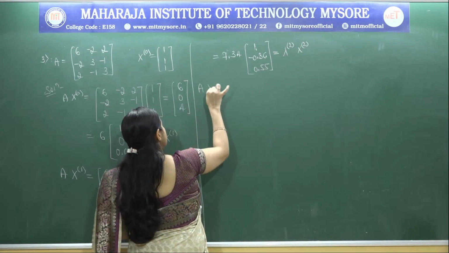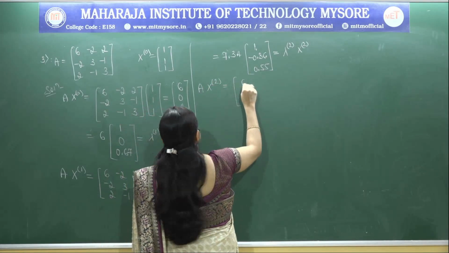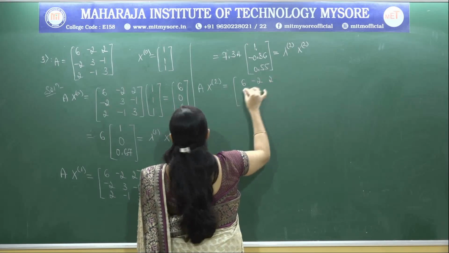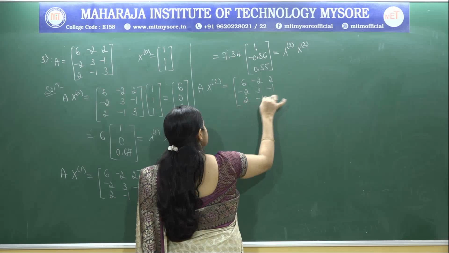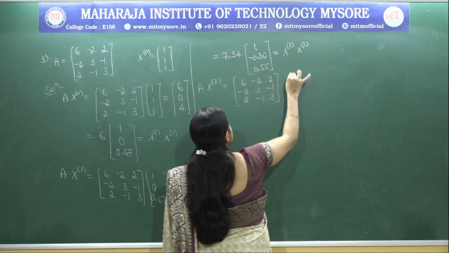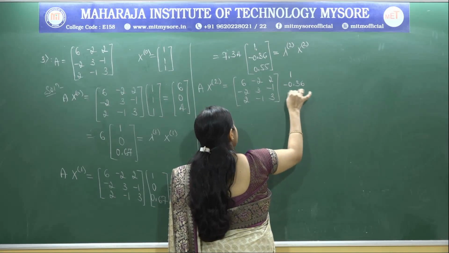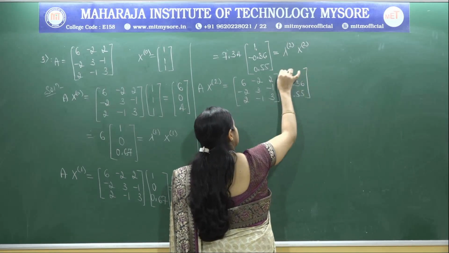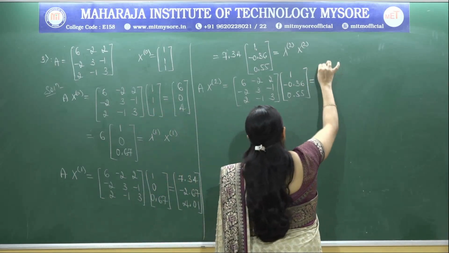Next again, write the matrix multiplication A with x of second iteration. So it is 6, minus 2 and 2, minus 2, 3 and minus 1, 2, minus 1 and 3, with 1, minus 0.36, 0.55. Take the matrix multiplication.